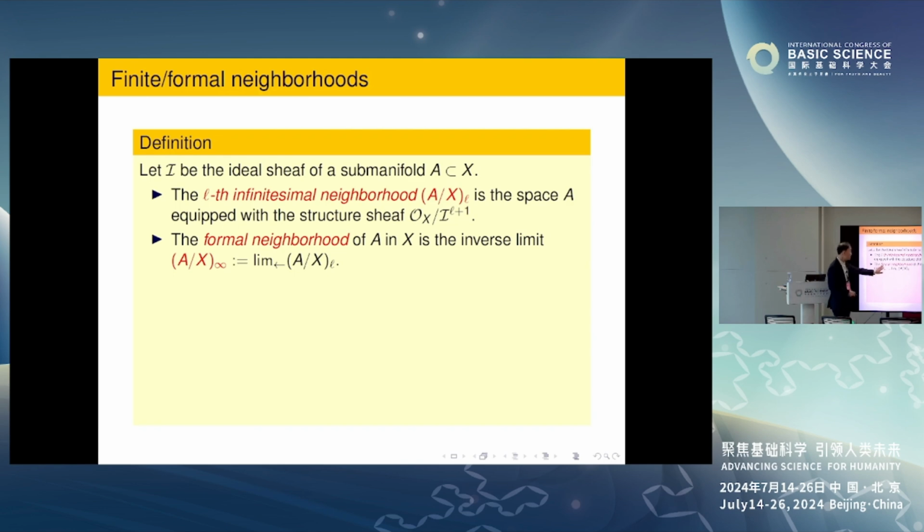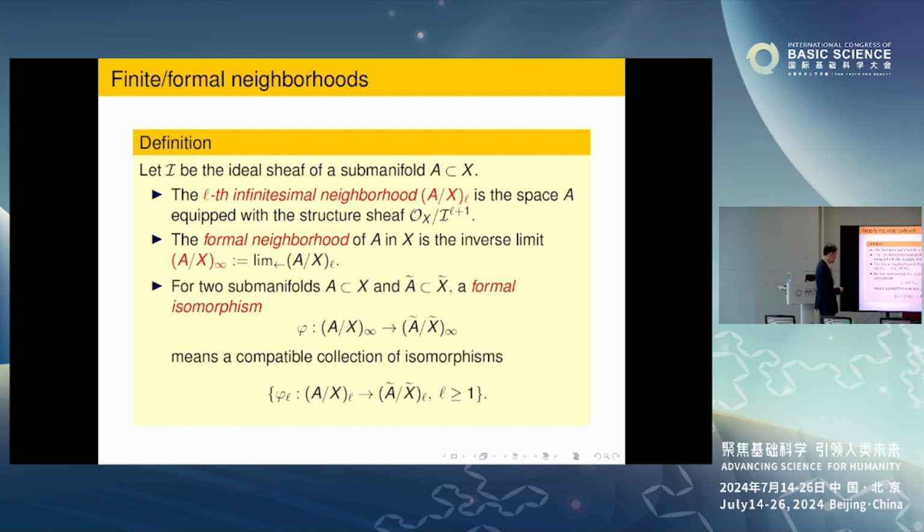And then the formal neighborhood of A is the inverse limit. Namely, we consider all of these infinitesimal neighborhoods for any order. Then that's the concept of formal neighborhood. Now we say that two submanifolds, A and A tilde, have a formal isomorphism of formal neighborhoods.